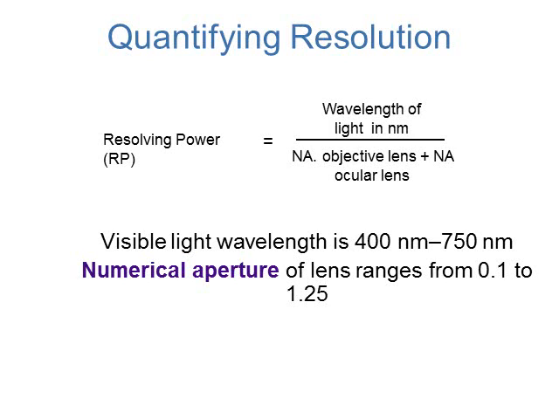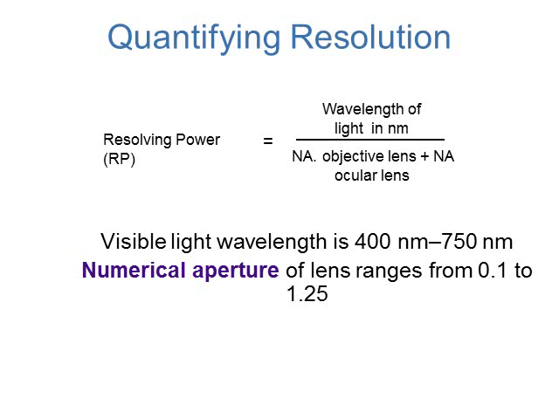Your wavelengths can vary from anywhere from 400 to 750 nanometers. The numerical aperture, or the NA, is written on the lenses, and it's anywhere from 0.01 to 1.25. And we'll again be working in lab on this resolution and trying to understand what it actually means.